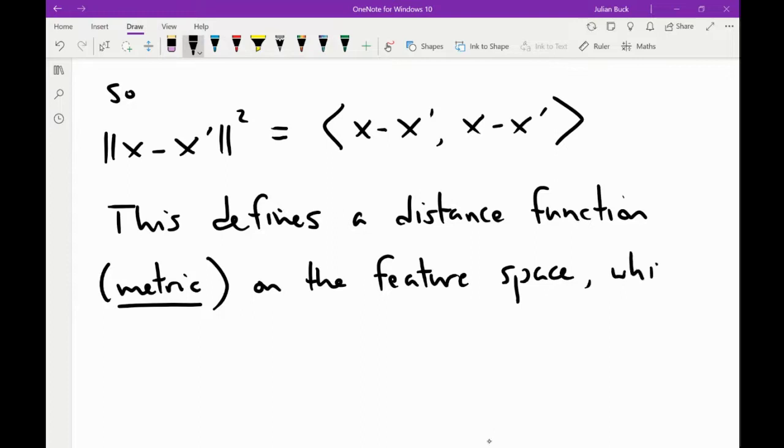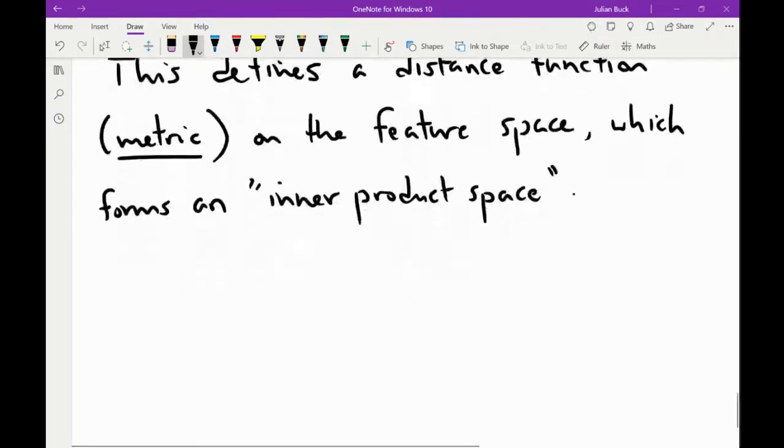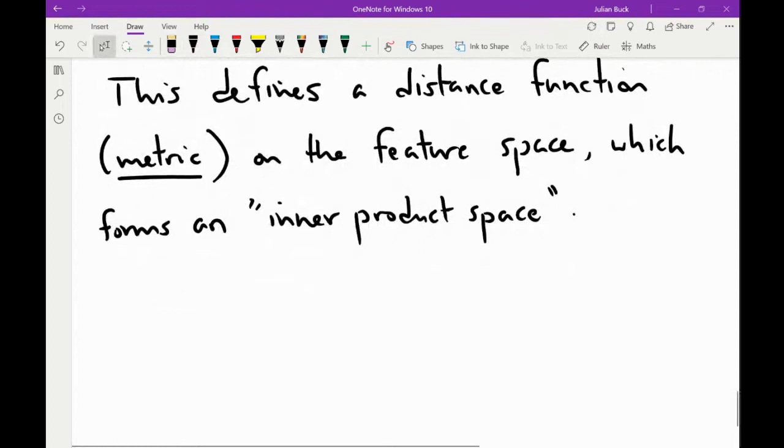So when you have a distance on some space coming from an inner product, we call it an inner product space. Now, if this inner product space is nice enough, then it has a special name.